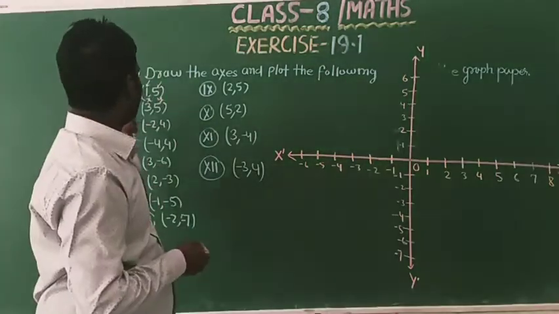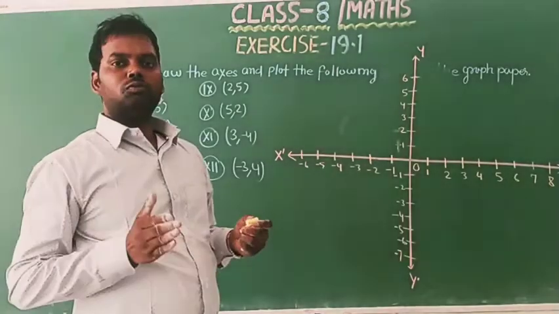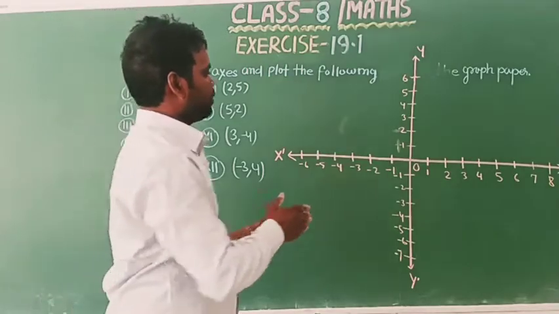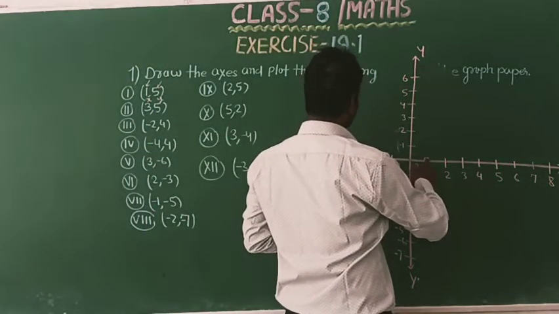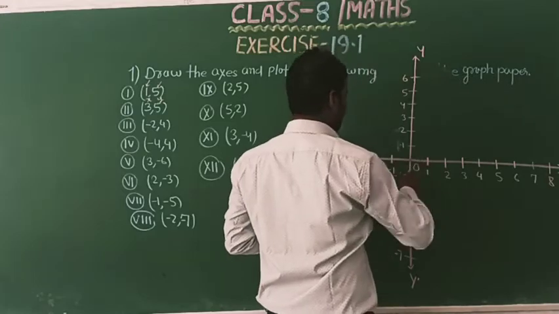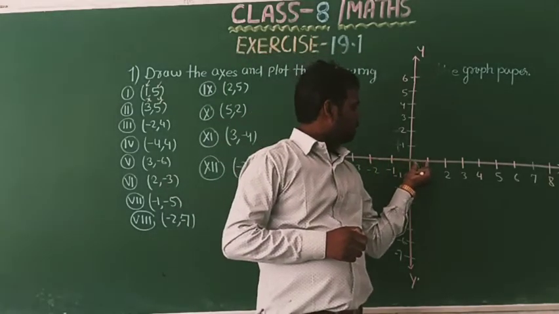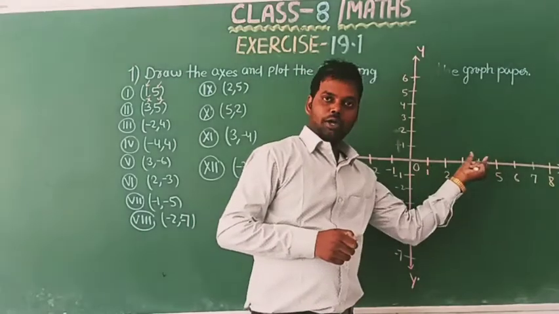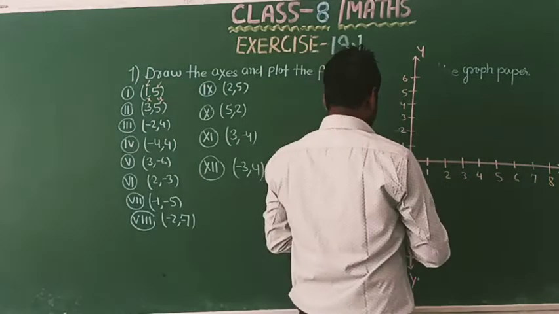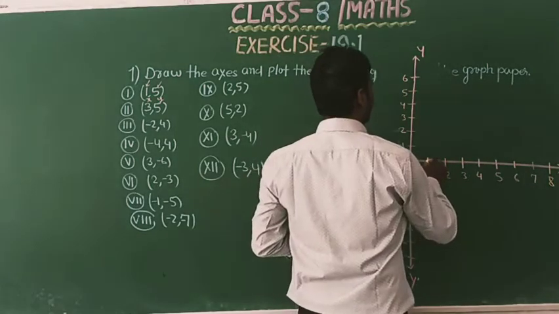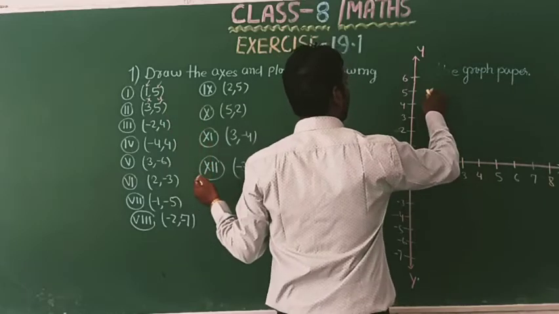In 1 comma 5, the x coordinate is 1 unit. So starting from point O, move 1 unit to the right along OX, and then go up 5 units along Y.